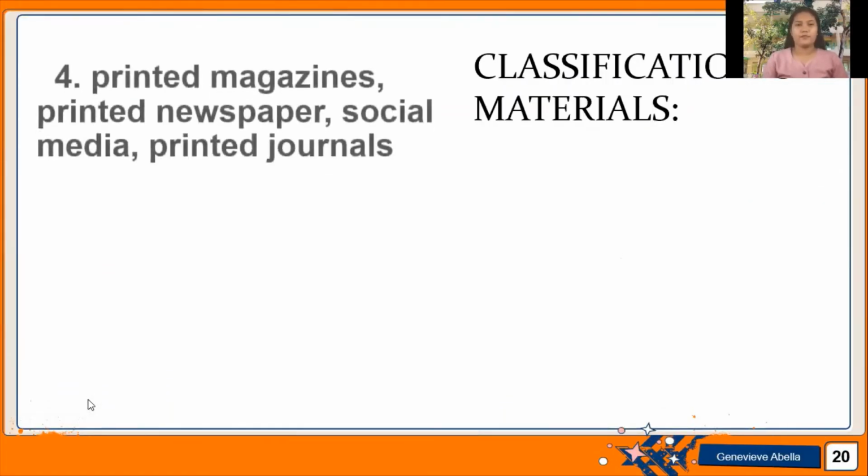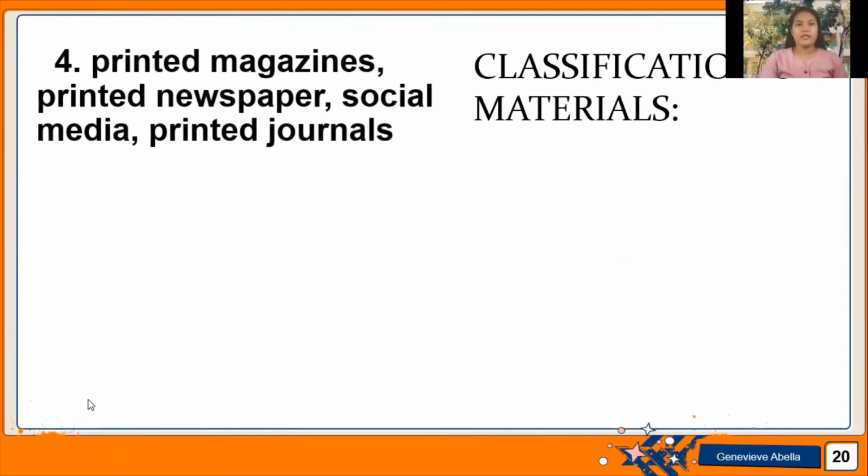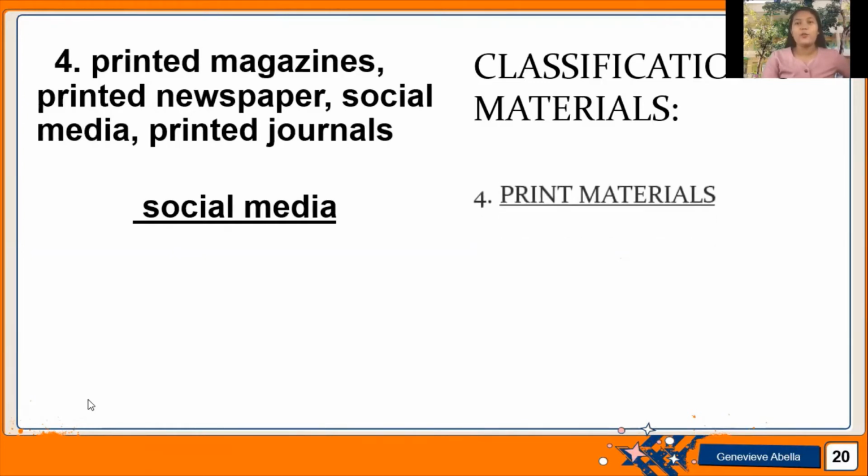Number 4, printed magazines, printed newspapers, social media, and printed journals. Which of the following does not belong to the group? It is the social media. So how do we classify the remaining materials? These are print materials. That's right.